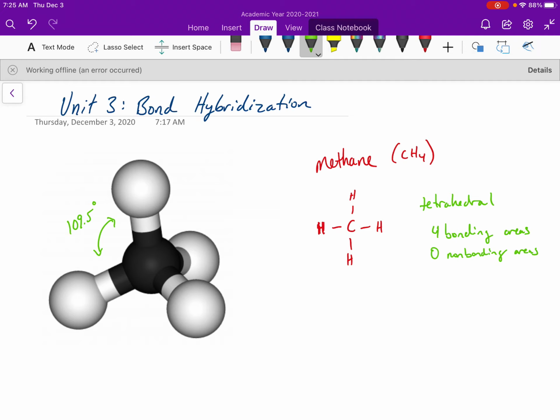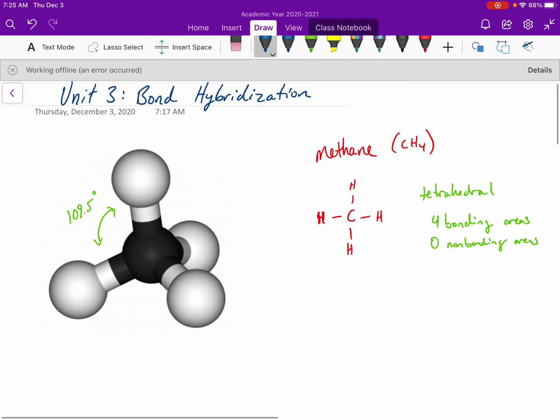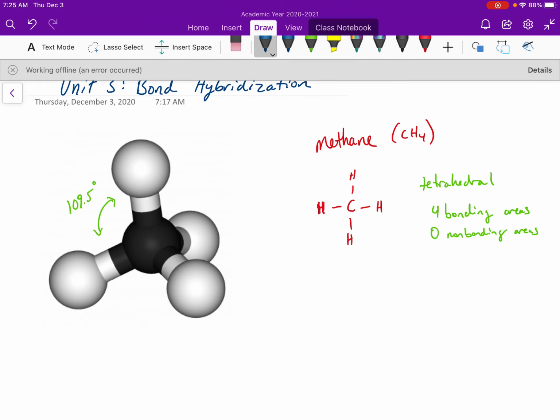So the question is why? Why are these all equal and so on? And how do these things actually bond, right? We know that they're sharing electrons. But if electrons exist in orbitals, like s or p orbitals, how do they actually share? Well, what ends up happening is the orbitals actually overlap and increase the space that the electrons can be, okay?